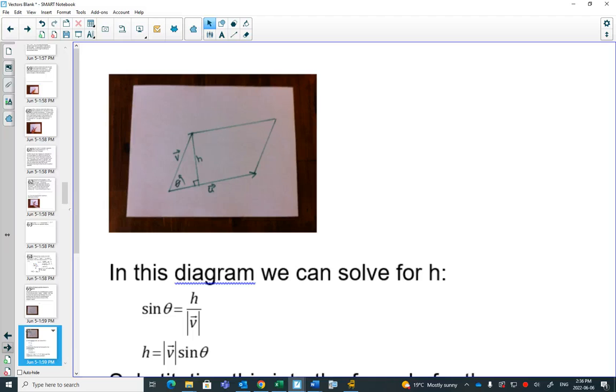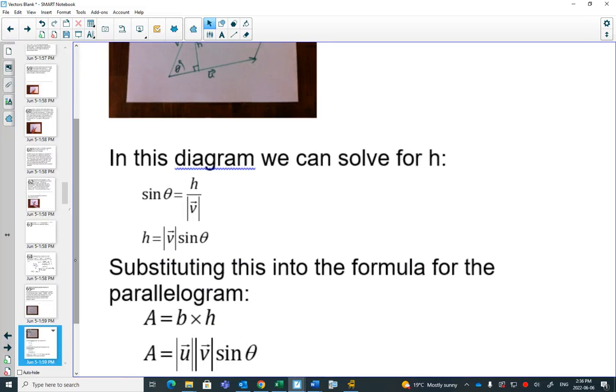So the area of a parallelogram is also base times height. But if I draw this diagram and I include the angle theta, I could say that sine of theta is the opposite side, which is my height, divided by my hypotenuse, which in this case is my vector v. Rearranging this, I get h by itself to be the length of vector v times sine theta.